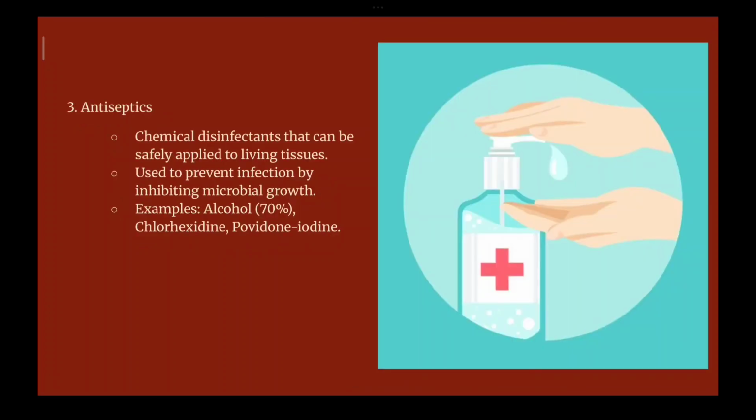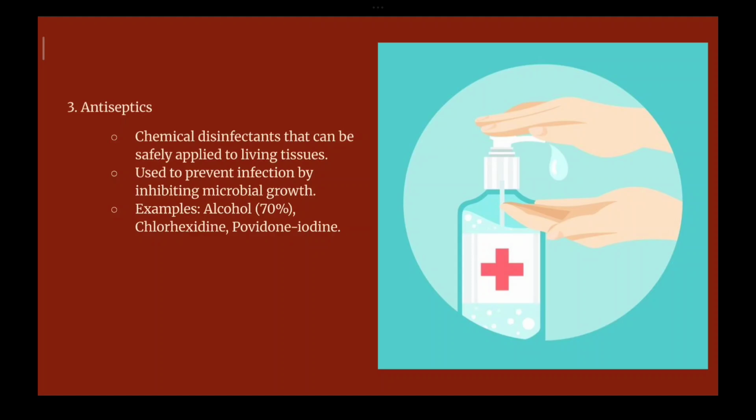Moving to the third type of definition, which is the antiseptics. These are the chemical disinfectants that were widely used during COVID times, the sanitizers that you applied every day after touching any surfaces because of COVID. Here, these are chemical disinfectants that can be safely applied to living tissues. They are not consumed inside but can be applied on the surface of living tissues.